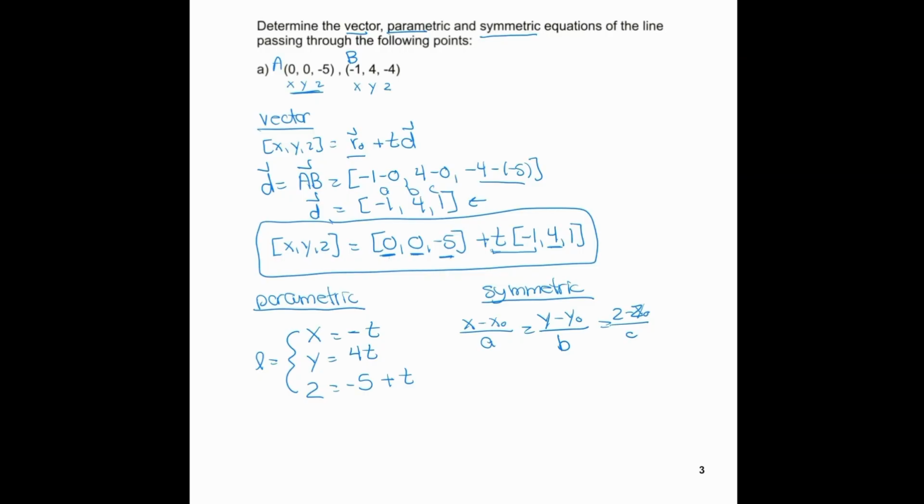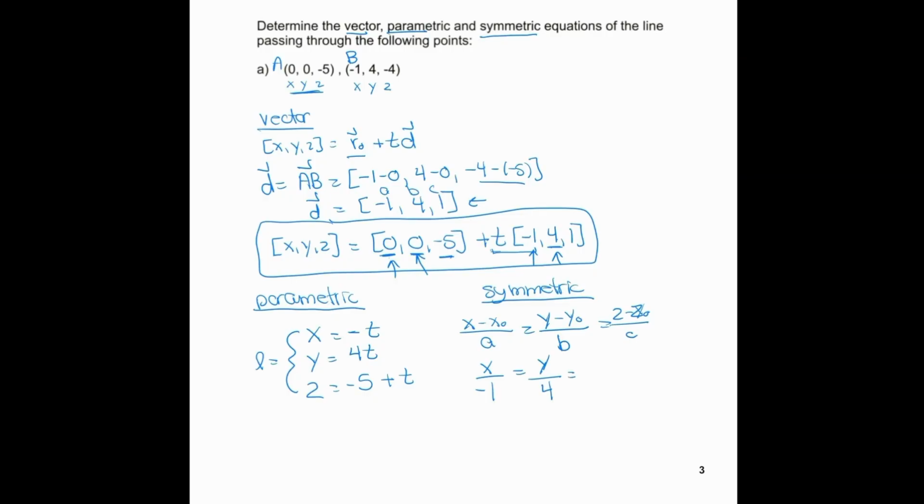So I have x minus x naught. Well, x naught is 0, so that's just x. And my a value is negative 1. So it's x over negative 1. Now we have y minus y naught. There's my y naught value, so it's y minus 0, so we end up with just y on the top. And my b value from my direction vector is 4, so we end up with y over 4.